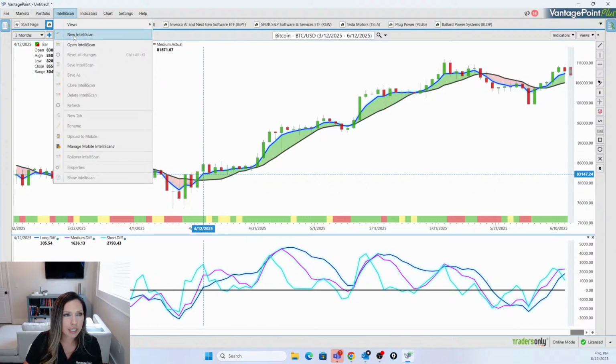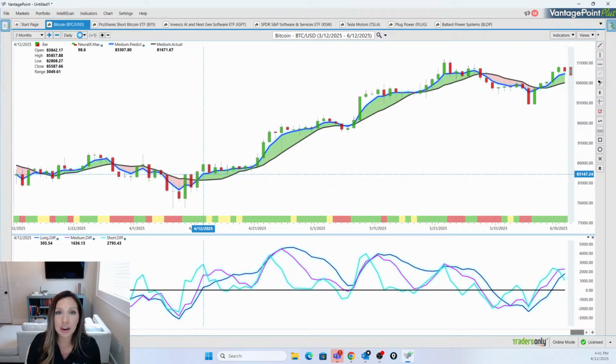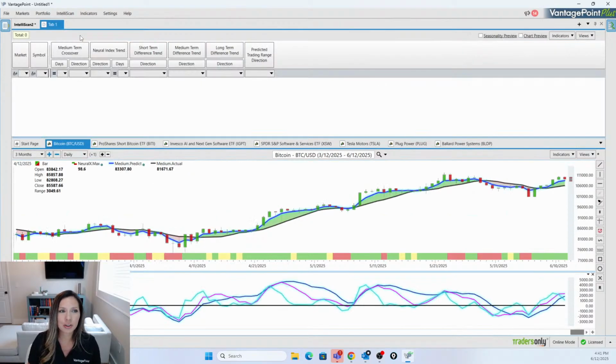And so if I just create a new scan, because everybody wants to know, is there a scanner for that, right? And lucky for you, the answer is yes. Yes, there is a scan. And in fact, the scan can really be customized to the individual trader. And that is such a powerful piece of VantagePoint, is that each trader is different, but the software can adapt to that based on your needs as a trader.